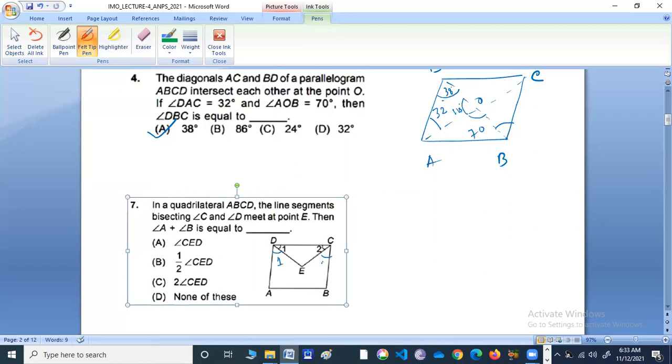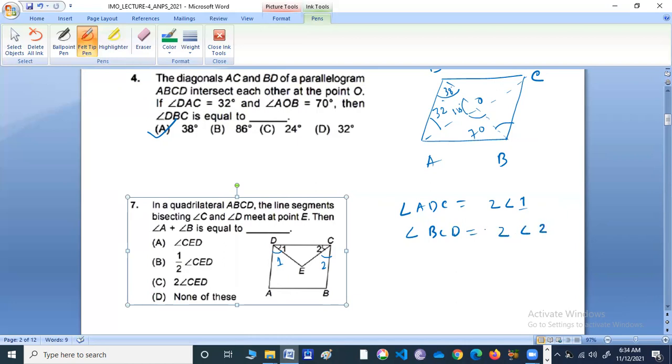This is angle 2, that is also angle 2. So therefore angle ADC is equal to 2 angle 1, and angle BCD is equal to 2 angle 2.